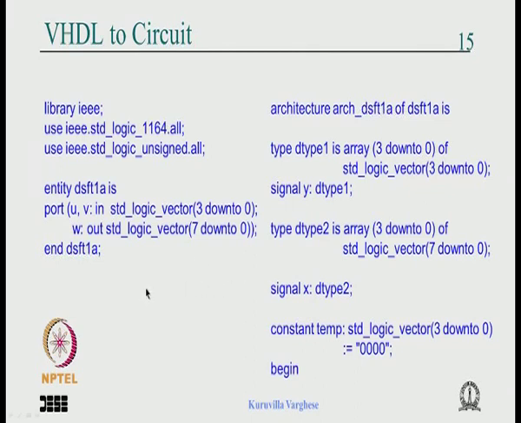Okay, this is another VHDL code. Our aim is to at least draw the block diagram of the circuit and infer the function of the circuit. At the entity level it is very simple. You have two 4 bit inputs U and V, and a single 8 bit output.